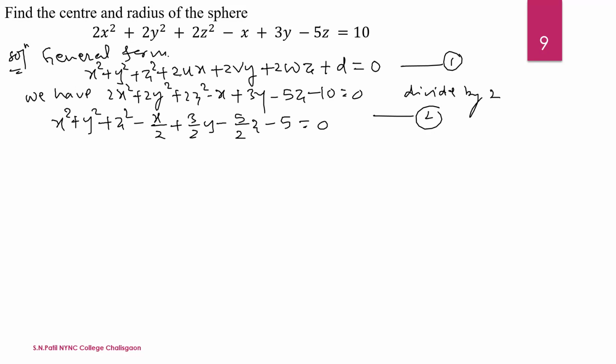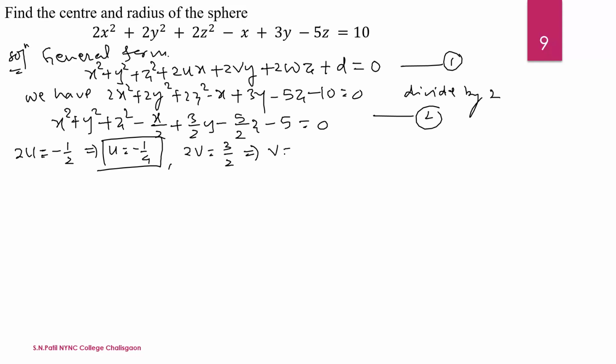Okay, so here the coefficient of x is 2u, and here the coefficient of x is minus 1 by 2. That is 2u is equal to minus 1 by 2. We get the value of u is minus 1 by 4. Now next, the coefficient of y is 2v, and here the coefficient of y is 3 by 2.